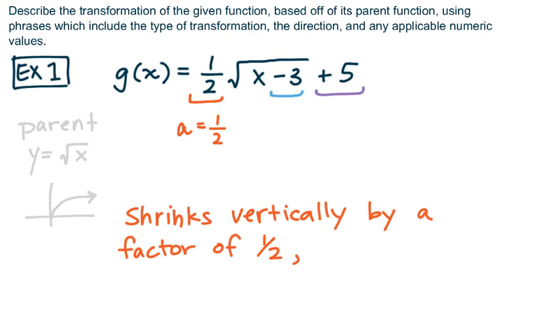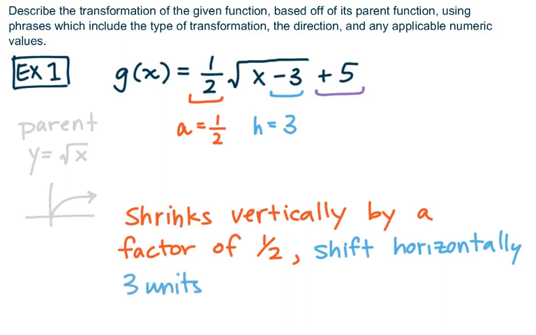The letter we use here is h, keeping in mind the standard form is x minus h. This is like saying x minus positive 3. So h is positive 3. That lets us know we are going to shift horizontally 3 units to the right.